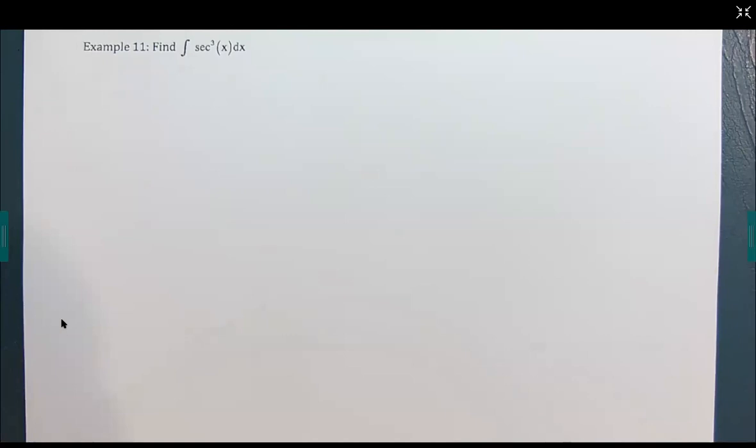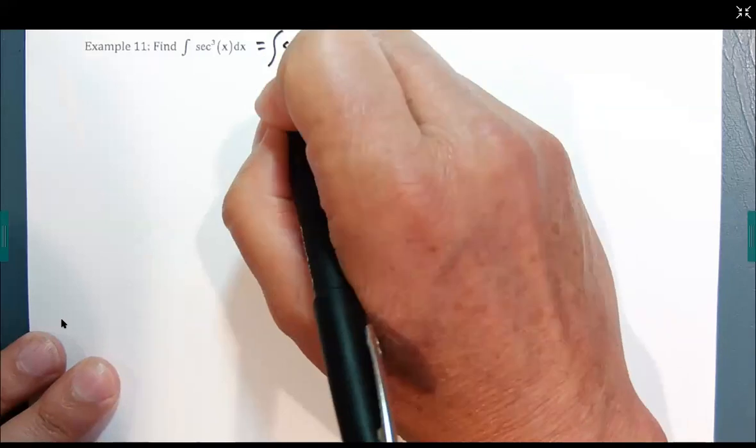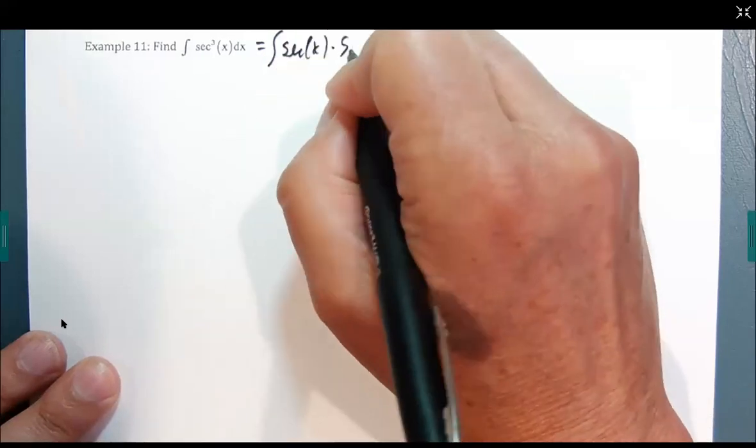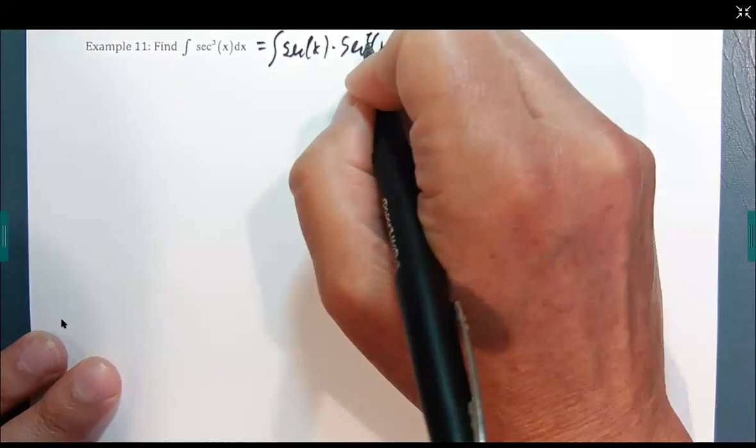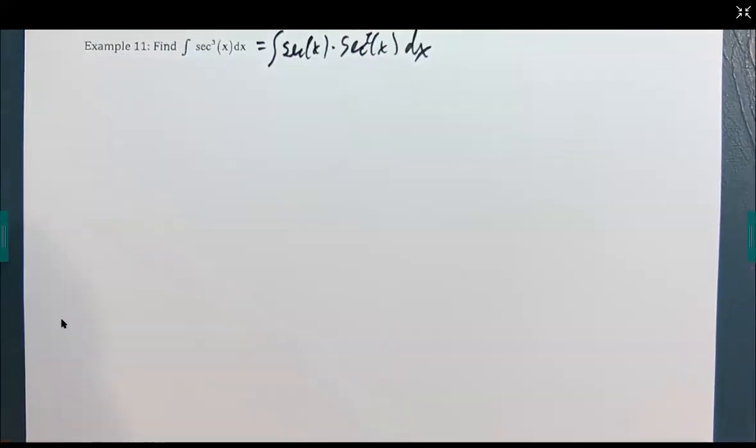So I'm going to first start out by rewriting this as the integral of secant x times secant squared x dx. And I'm actually going to do by parts.